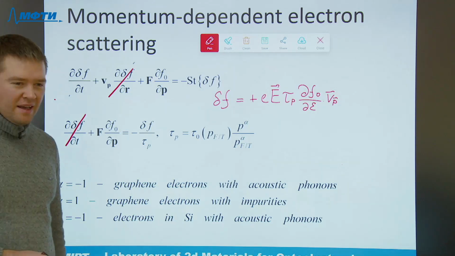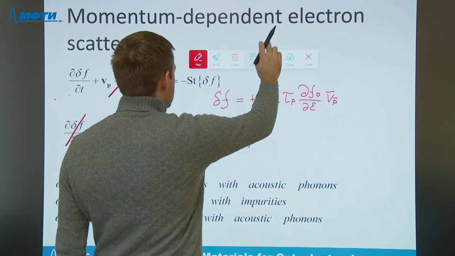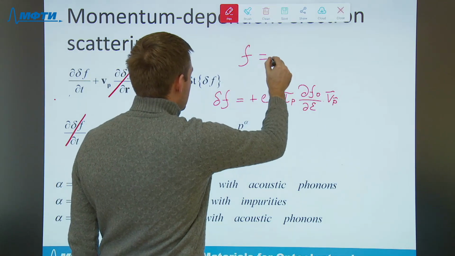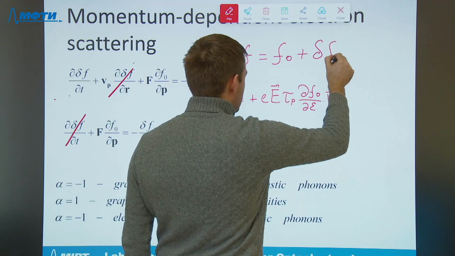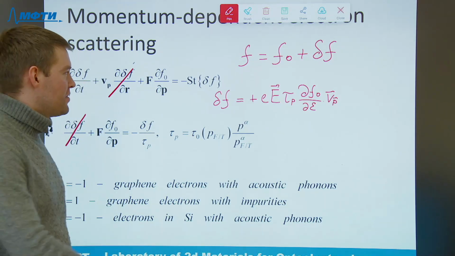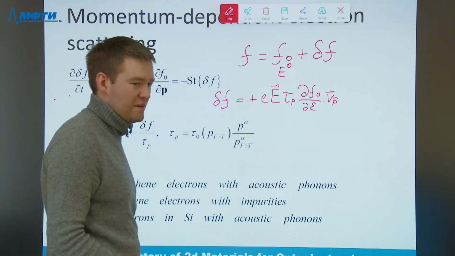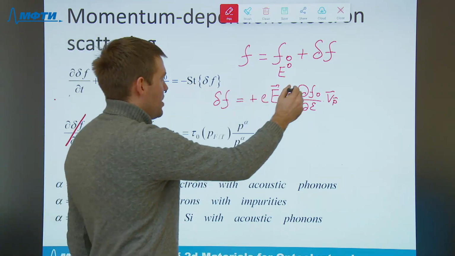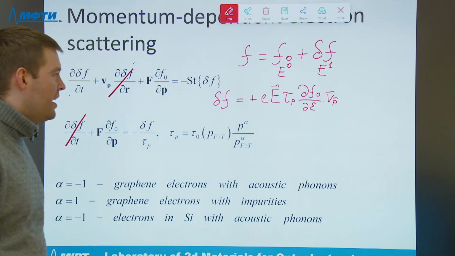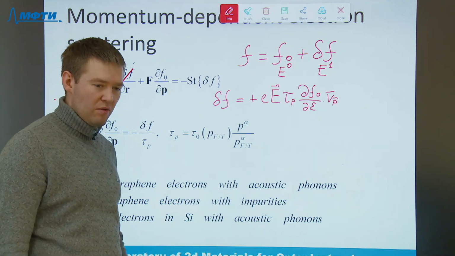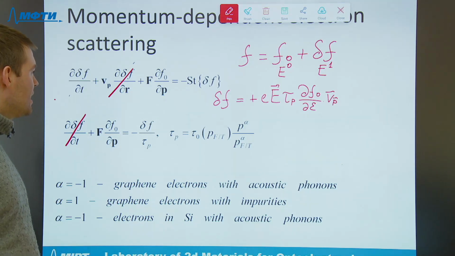Well, if nobody remembers, then I will refresh this. Generally, the distribution function can be presented as the equilibrium part plus a correction to this function introduced by the electric field. And this equilibrium distribution function doesn't know about the electric field, so it is proportional to the electric field to the power 0, while the correction is proportional to the electric field to the power 1. And when we solve the kinetic equation, we collect the terms having the same power in electric field.